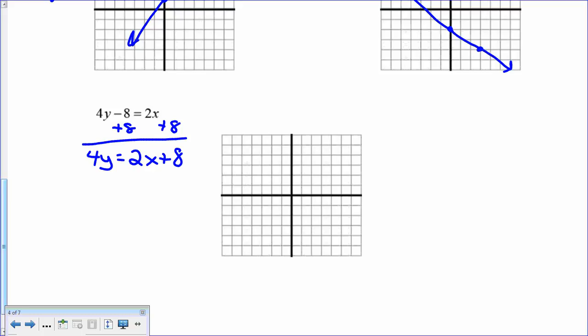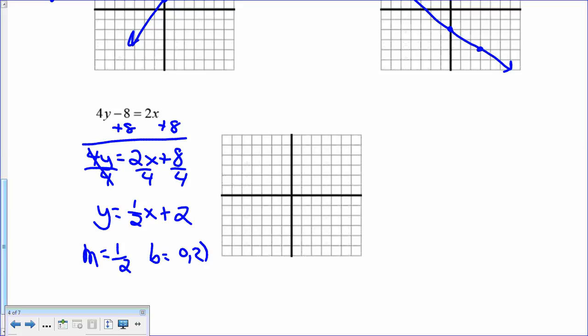Divide the whole thing by 4. So this becomes y, because that becomes 1. 2/4 is 1/2, and 8 over 4 is 2. So guess what? What's our slope? 1/2. What's our y-intercept? 2.